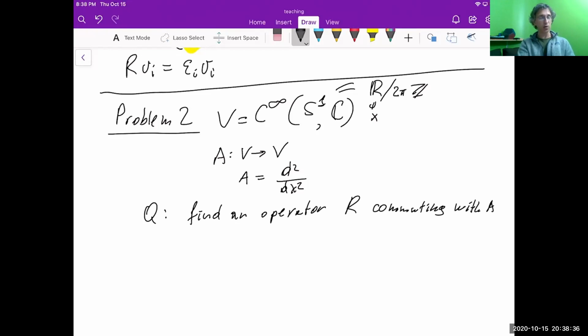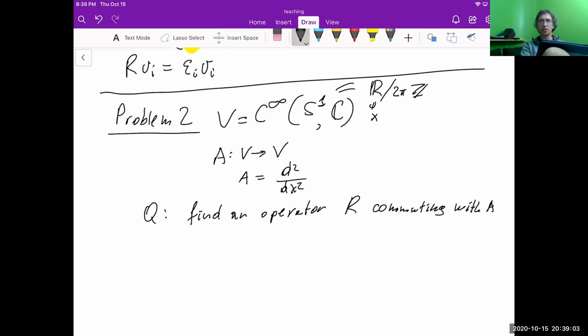Anyone knows of such an operator? And it's probably easier if, indeed, you have a mental picture of a circle as R mod 2 pi Z, so real numbers identified by shift by an integer multiple of 2 pi. So is there any operator which commutes with the second derivative or with the first derivative?